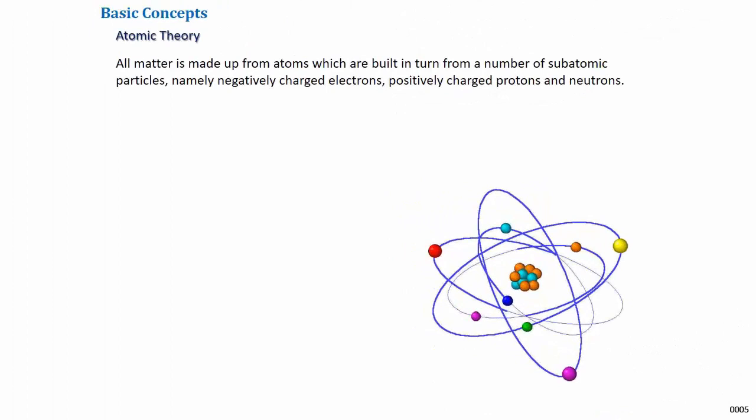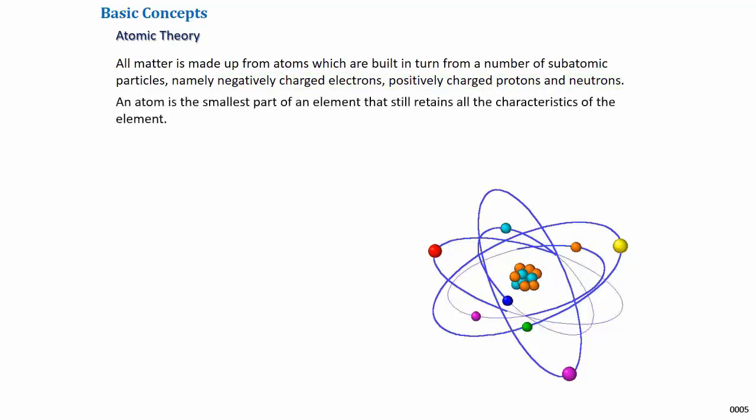In order to understand electricity, it is necessary to understand something about atoms. All matter is made up from atoms, which are built in turn from a number of subatomic particles, namely negatively charged electrons, positively charged protons, and neutrons.